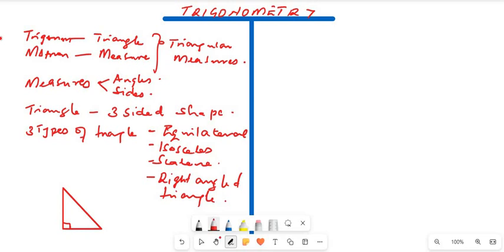It's this triangle on which the famous Pythagoras theorem was based.